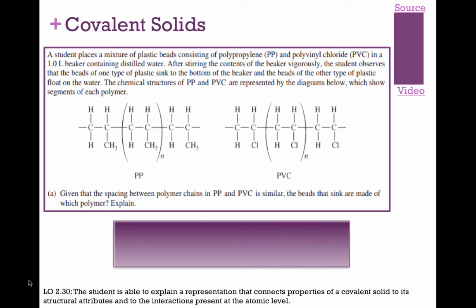After stirring, you observe one of them sinks, one of them floats. Based on these diagrams, which one is which? Given the spacing, the beads that sink are which of these and why? It says to explain.